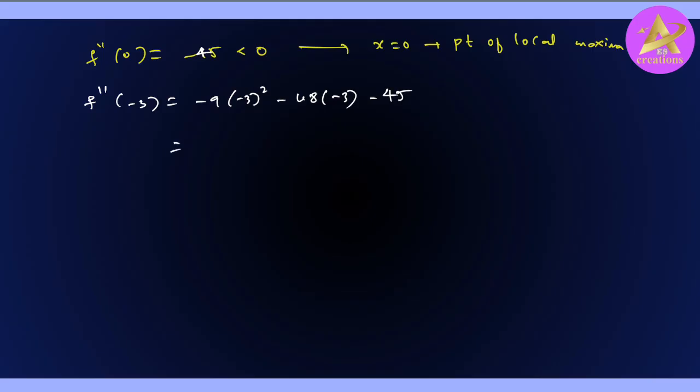We get minus 9 times 3 square, which is positive because of the even power, 3 square is 9.